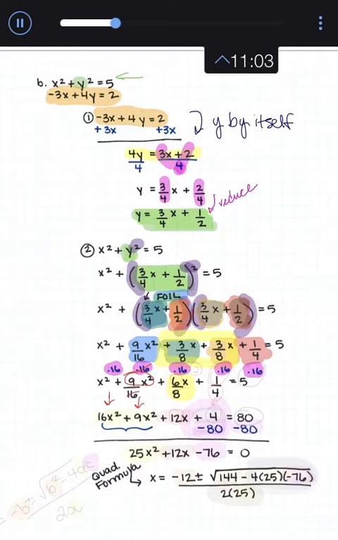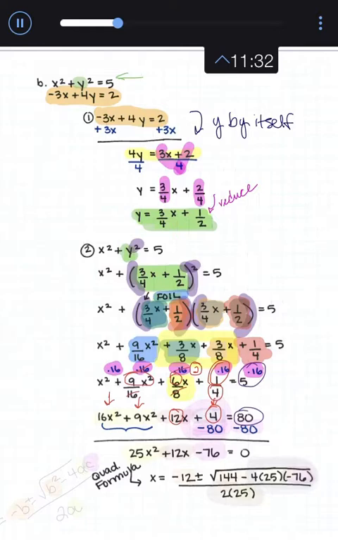The next piece will actually reduce the 8 into 16 2 times, so we'll have 2 times the 6, which is 12x. And then the last piece, it's like having a 16 times 1, which is 16, divided by 4 is 4 as your last piece. And don't forget we multiplied the other side by 16, so 5 times 16 is 80.